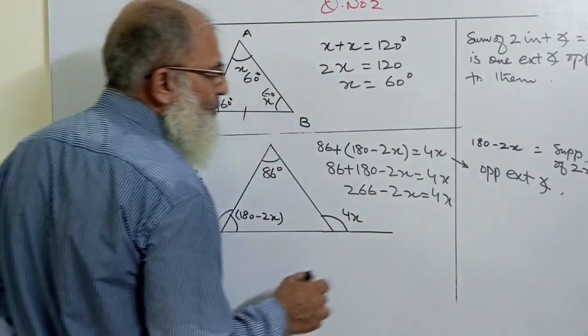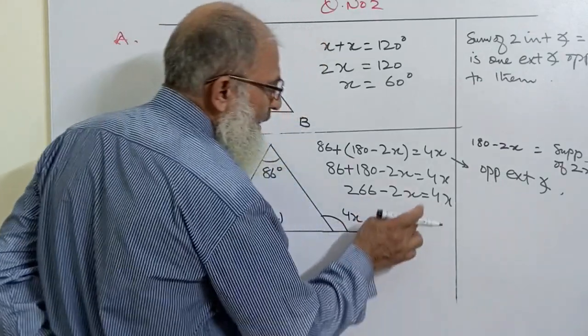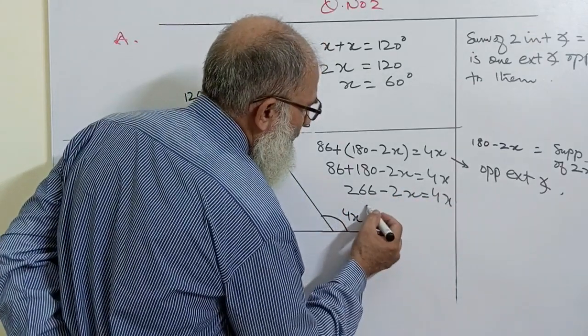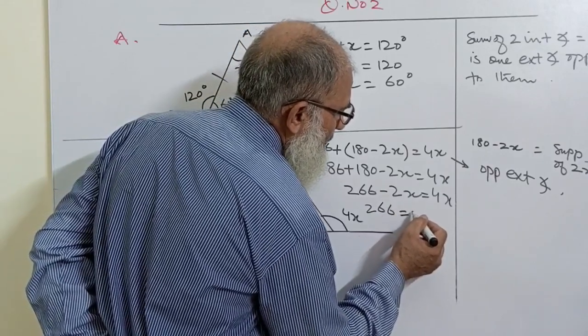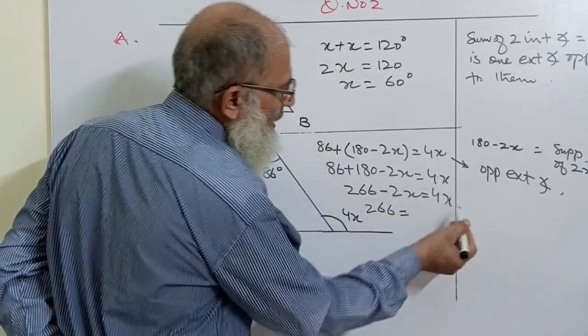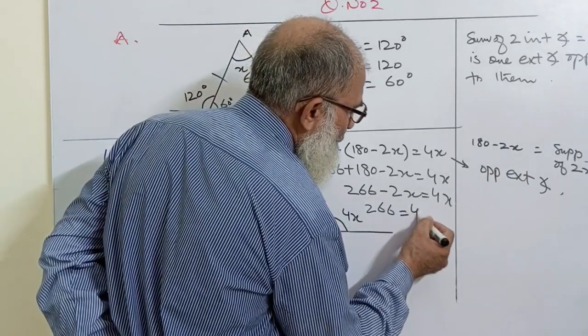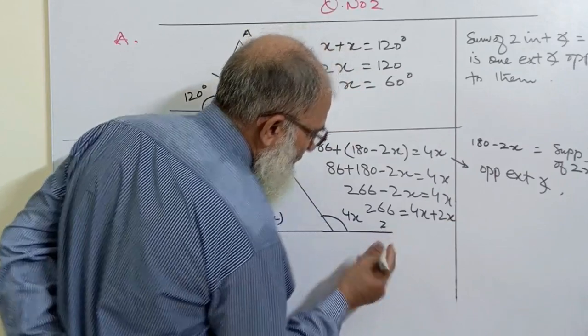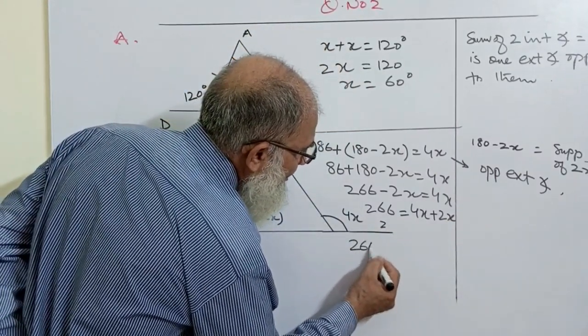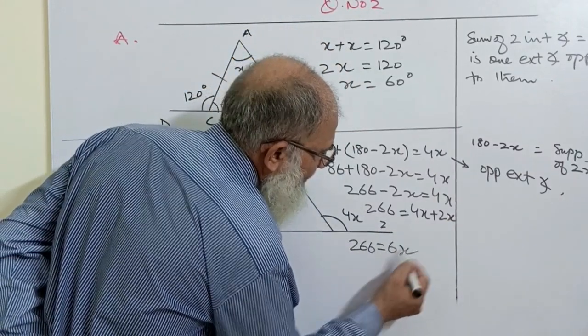We'll eliminate this 2x from here and put it over here. This is minus over here, it will become plus over here. 4x plus 2x. So 266 is equal to 6x.